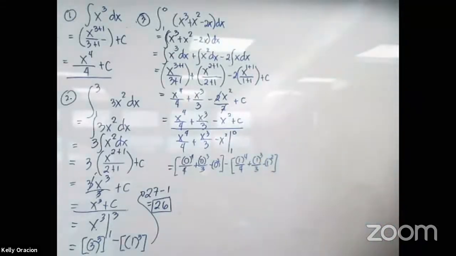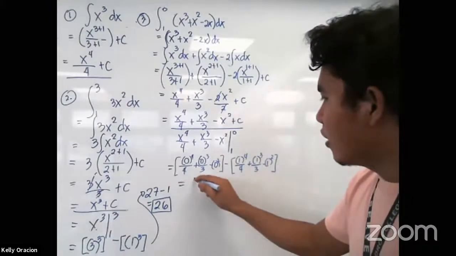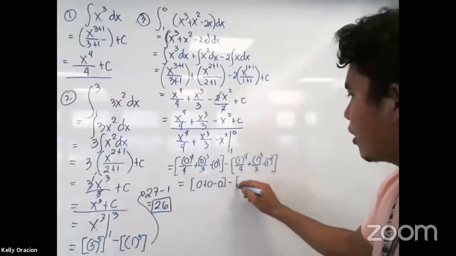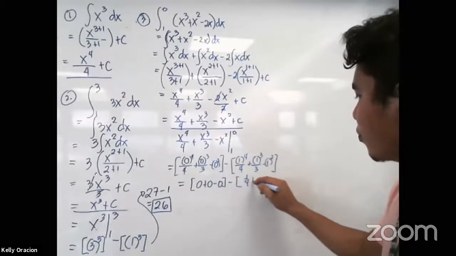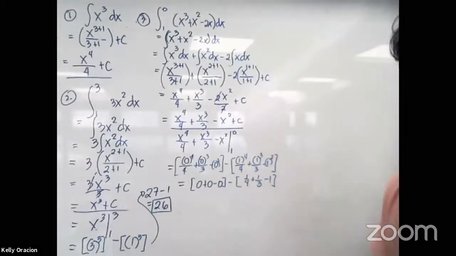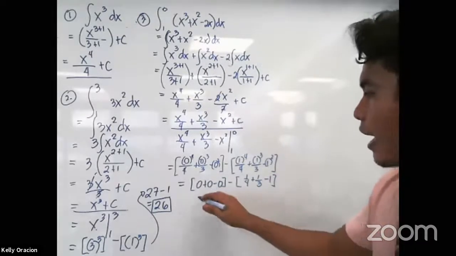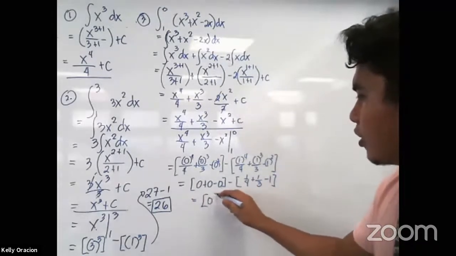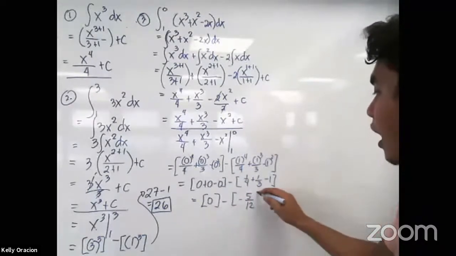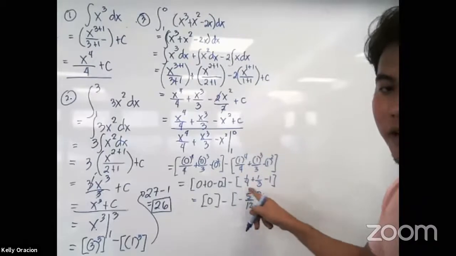Yan. Let's solve. 0 plus 0 minus 0, minus 1/4 plus 1/3 minus 1. Then 0 minus negative 5 over 12. Kindly check kung tama ba, i-simplify doon, i-solve.